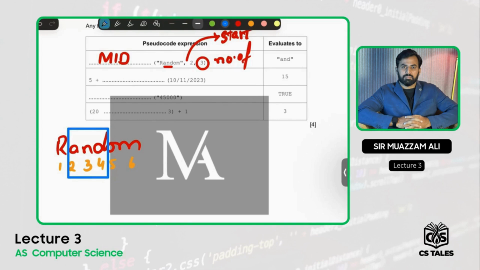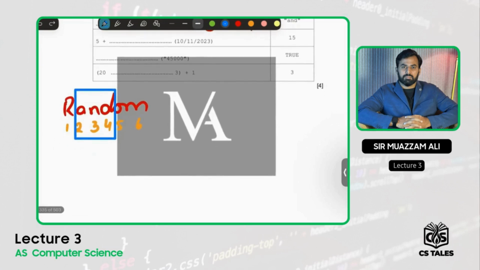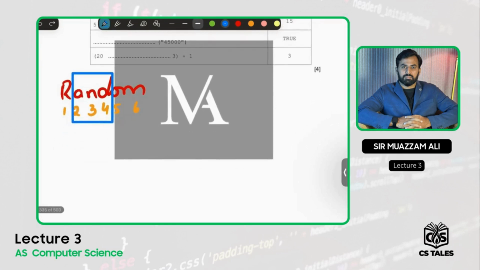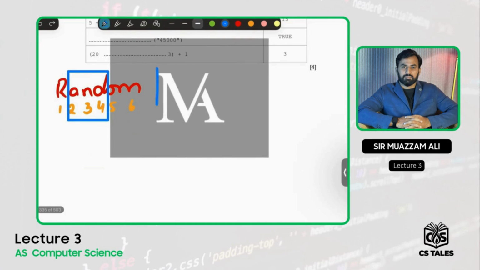Next he's saying 5 plus dash 10 11 2023. So this is about a date. What will become 15? Whenever we have the final result, let's suppose 15, we can say a function that returns 10, because 5 plus 10 becomes 15.